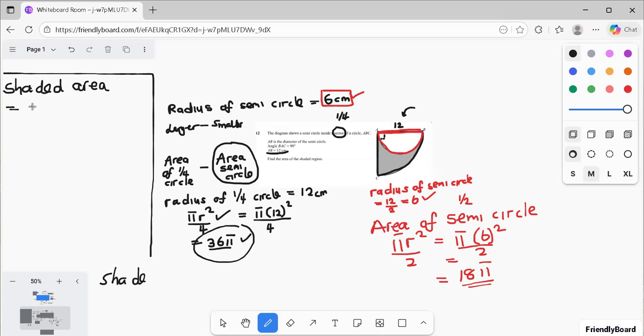So I'm going to write 36 pi minus the area of the smaller shape, which was the area of the semicircle, right? Which is 18 pi. Then I'll say minus 18 pi, which gives me 36 pi minus 18 pi, which is 18 pi.